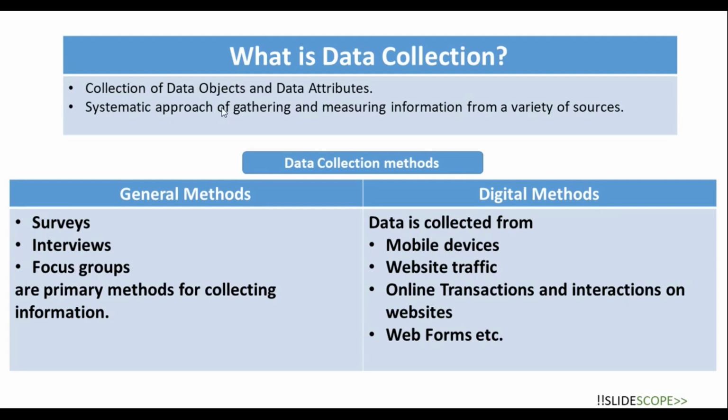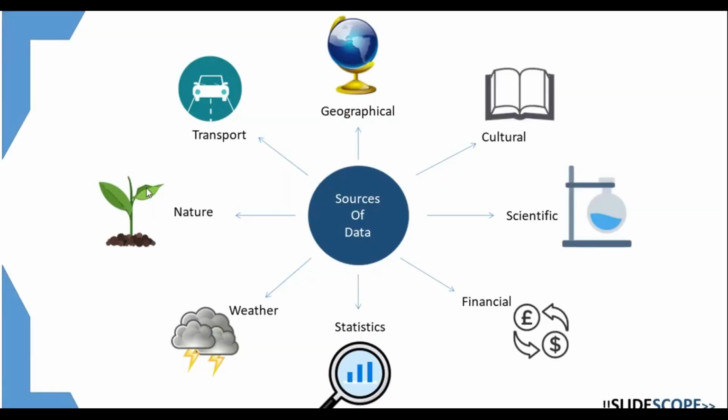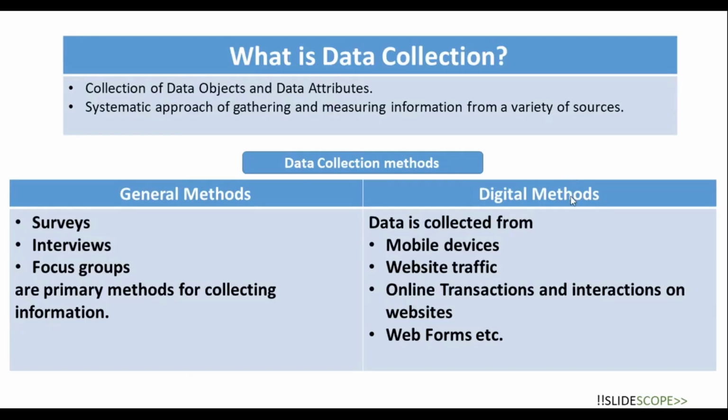In another way, it is a systematic approach of gathering and measuring information from a variety of sources. For the sake of simplicity, we have defined two methods of data collection here. These are some general methods and some digital methods, the methods with which we relate data nowadays.